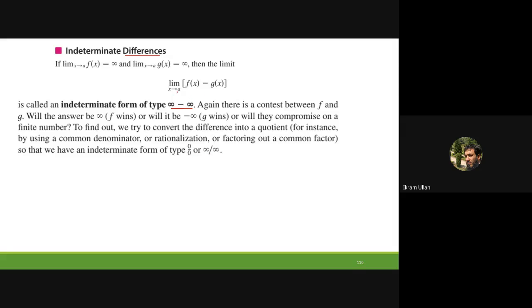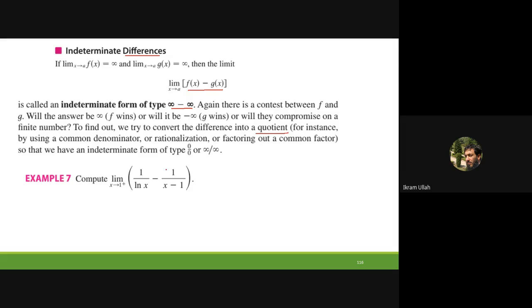Then we utilize the L'Hopital rule for finding the limit of this type of function.